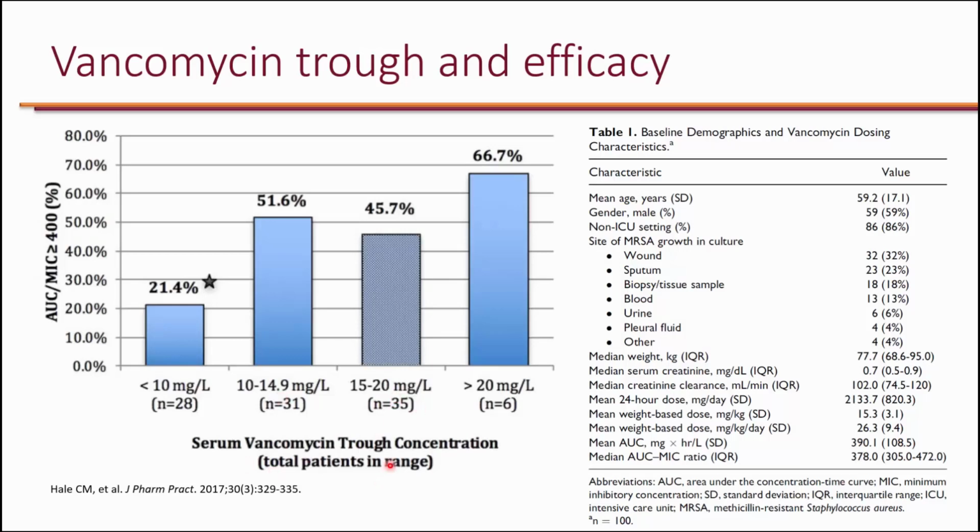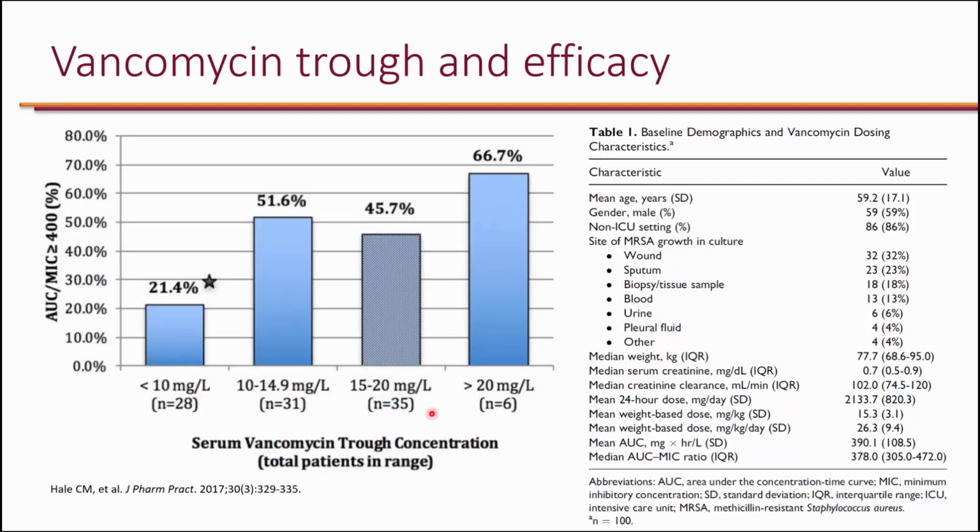So they did the study, and they actually found that patients who had a trough of 15 to 20 were not more likely to have an AUC to MIC of 400. So even though their trough was higher, they were not any more likely to have that AUC to MIC target. So the new guidelines actually do not recommend a trough of 15 to 20 anymore.